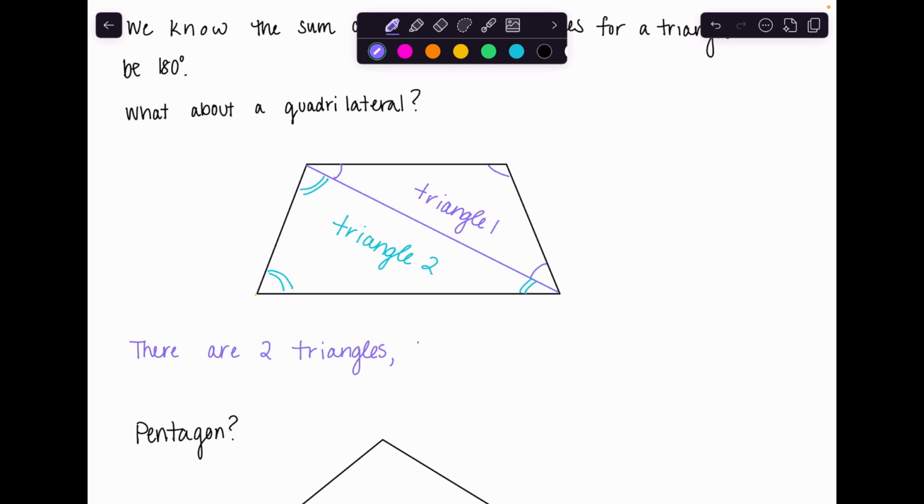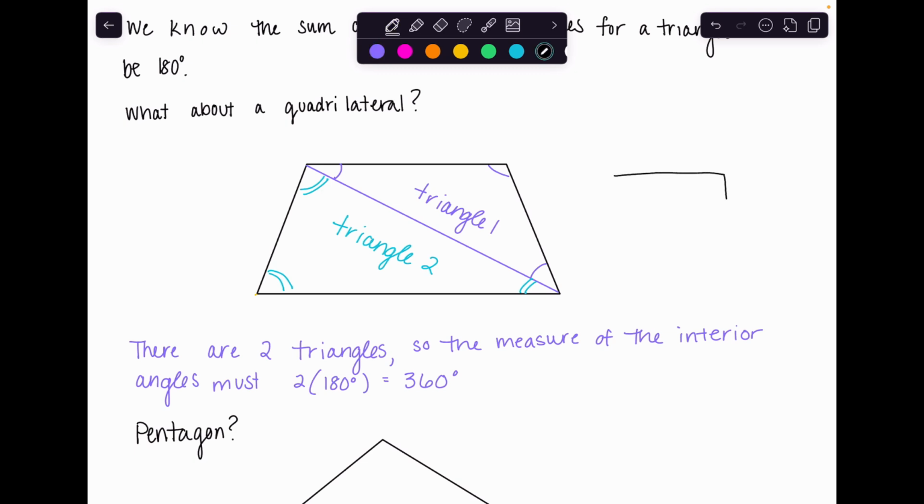So the measure of the interior angles must be 2 times 180 degrees. So these angles must add up to 360.